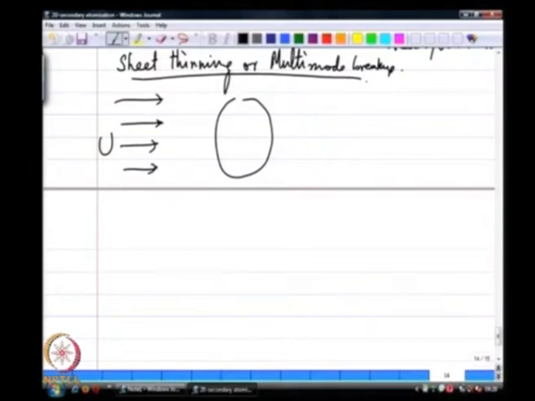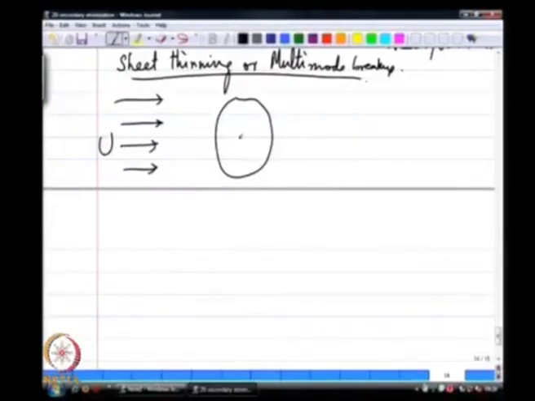If I do a full linearized instability analysis of a spherical drop of liquid in a cross flow, you can do exactly what we did with a cylindrical jet or with a planar liquid sheet, except the mathematics would be much more cumbersome.